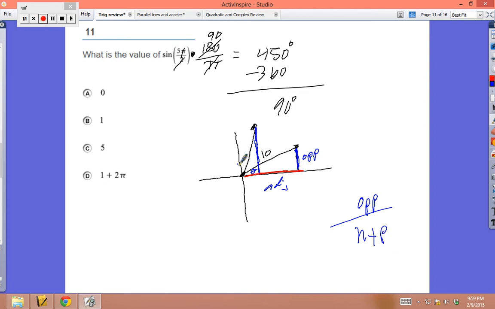Alright, so the opposite. If I swing this and land it right on 90, it's going straight up and down. So that means my radius, which is the hypotenuse, is going to be 10, and my opposite is going to be 10 also. So it's going to be 10 over 10, and that's the same thing as 1.